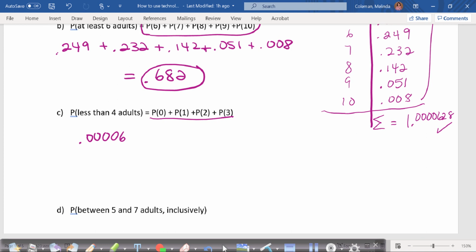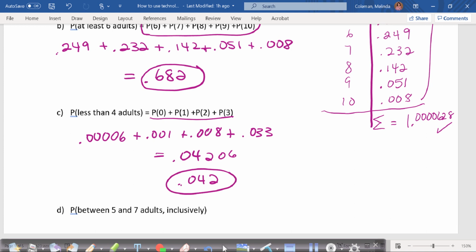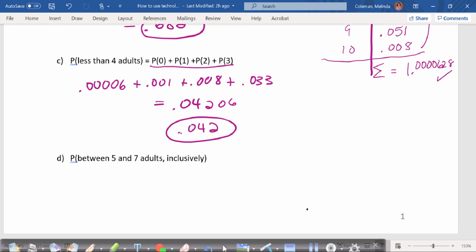I can stop there because of the significant digits, 0.001, 0.008, 0.033, add those up, and I end up with 0.04206, which we can round to 0.042. So the probability that less than 4 people would have confidence is 0.042.